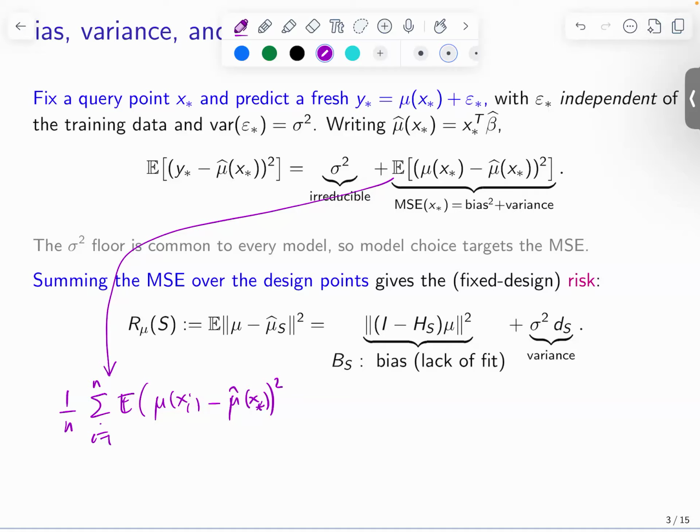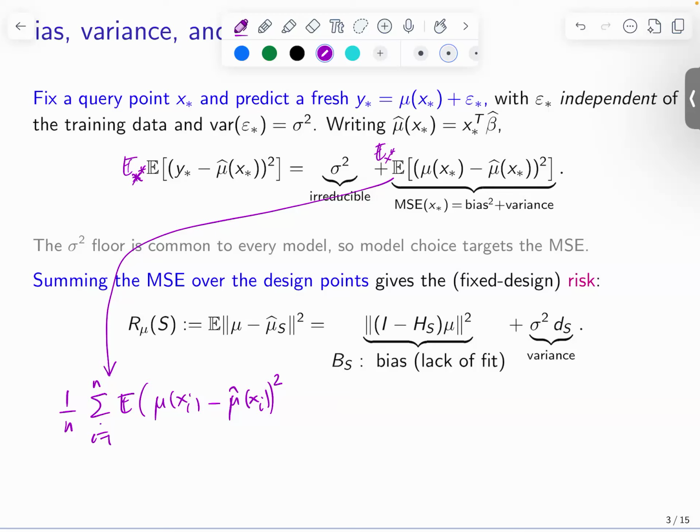Sorry, because technically what really happens is that we also want to take the expectation over x star, because we don't know a particular point. We want to take another expectation under x star as well. Here, so far it's fixed, and then it would be just a quantity that doesn't depend on anything.